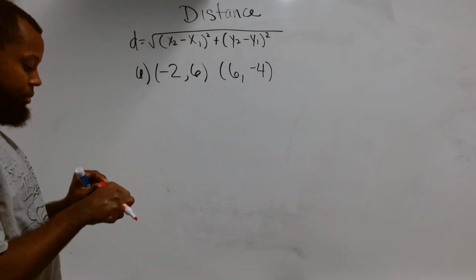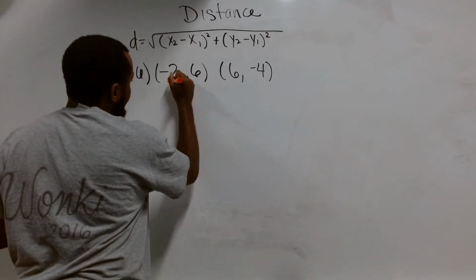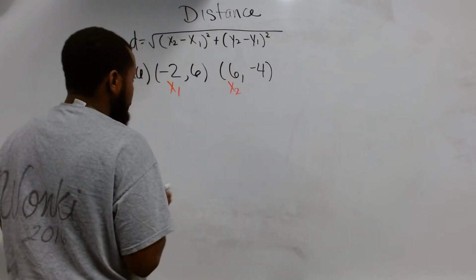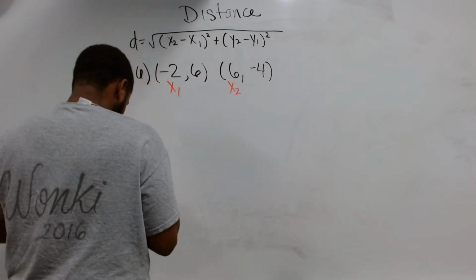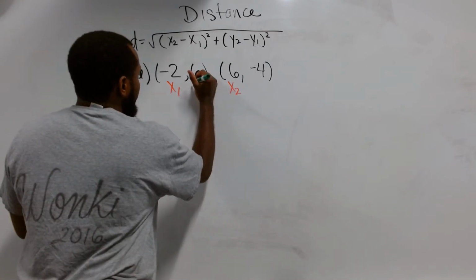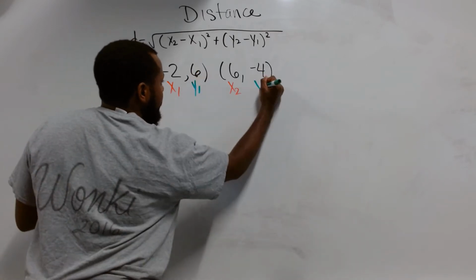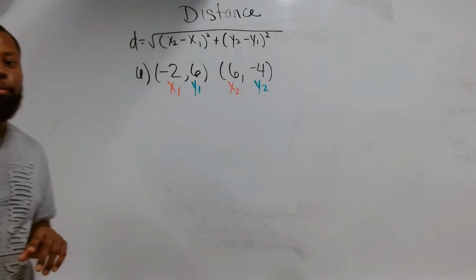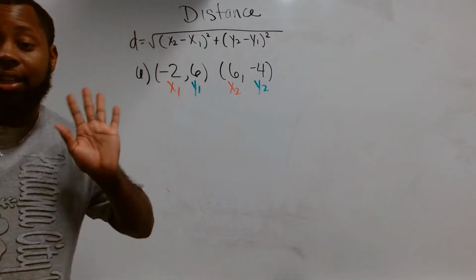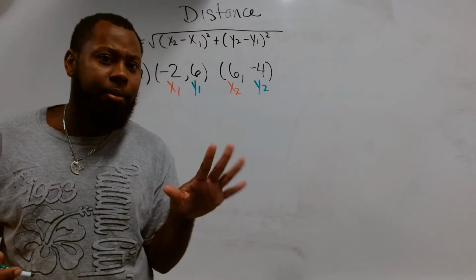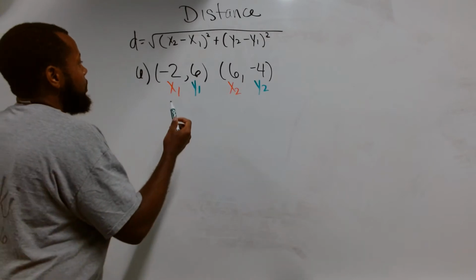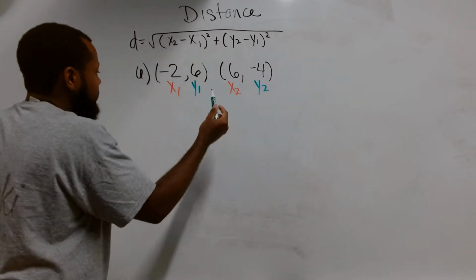You're going to have your x1, your x2, and your y1 and your y2. Now, literally the same way we did midpoint, but different. Same way we did midpoint. Plug in what you see.